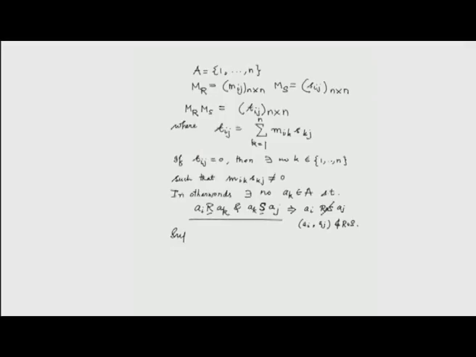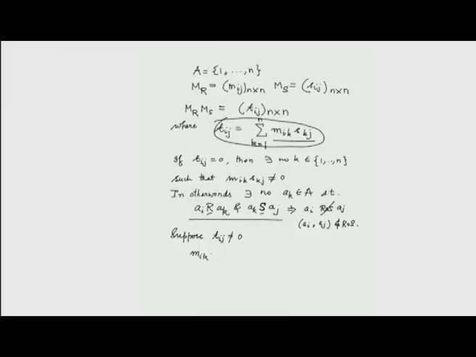Now, suppose we have a situation where the sum T_ij is not equal to 0. Then please note that this summation is a sum of non-negative integers, because M_ik and S_kj are non-negative integers.